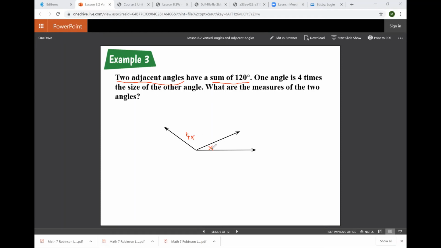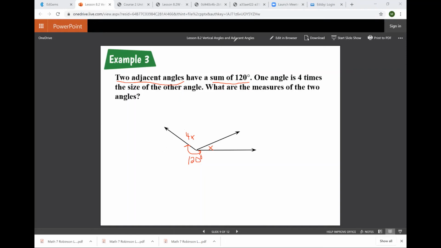So this is x, and 4 times x is this. But together, these guys measure 120 degrees. Okay? Together they total 120 degrees. What are the measures of the two angles? Okay?